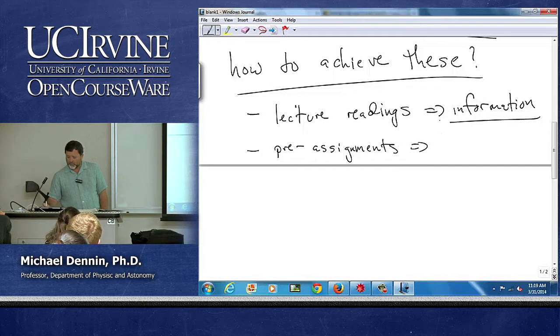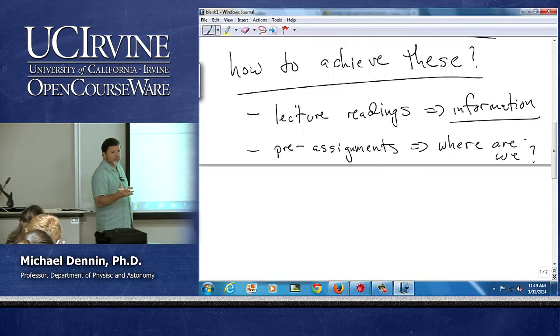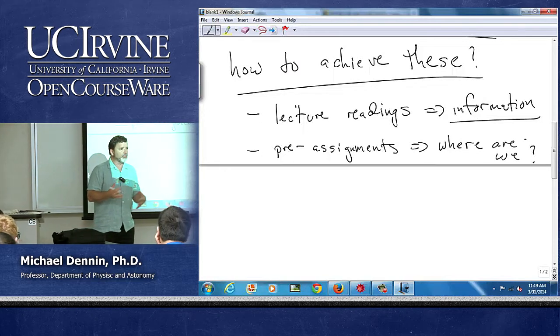That's critical for both of us, to figure out where we are in the class. I need to know what it is you know and don't know.